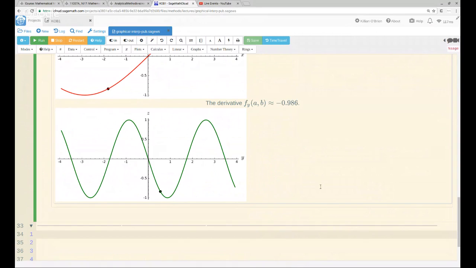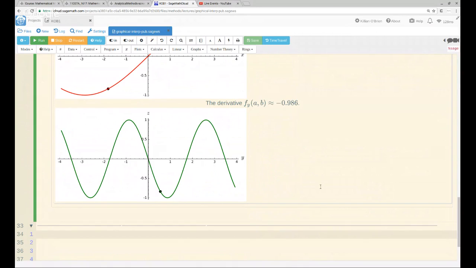It's almost minus 1. You can see here that it exactly agrees: the slope of the tangent line to this curve at this base point is sloping down. So that gives you the geometric meaning of partial derivatives of a function of two variables.